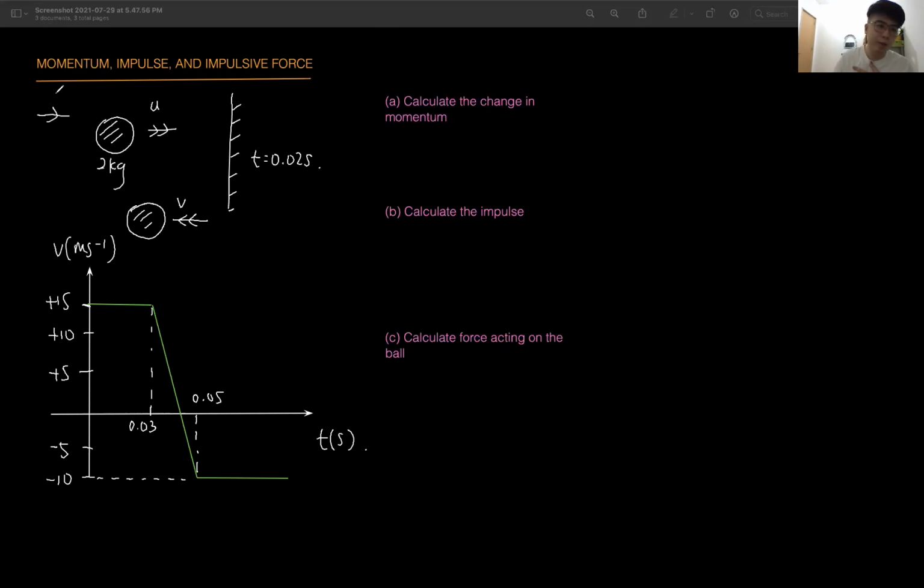Any motion to the right is plus, to the left is minus. And u is 15 m s^-1. And then you see this very steep line goes to the negative. Between here and here, it is the impact.